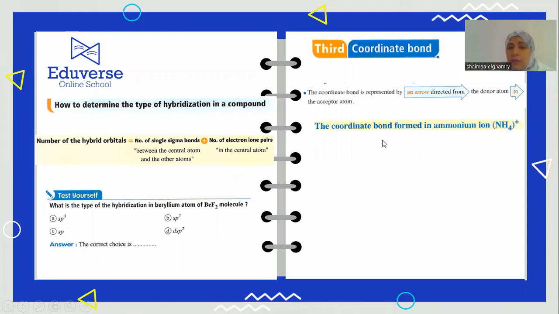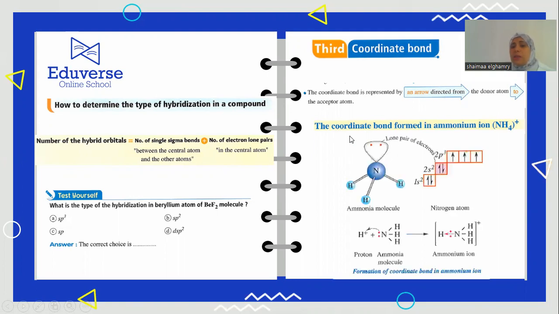Let's explain the coordinate bond in the ammonia molecule. In the ammonia molecule, as you can see in the structure, the nitrogen atom has 1s2, 2s2, and 2p3. So ammonia forms sigma bonds with 3 hydrogen atoms, and it has a lone pair of electrons.